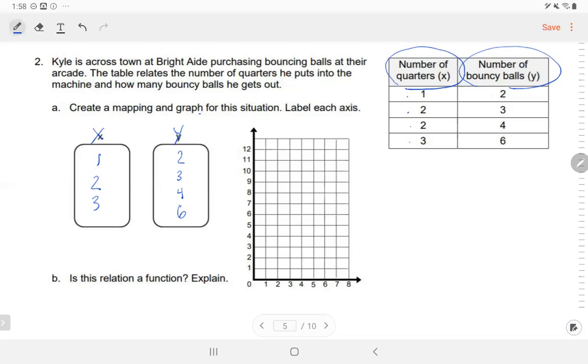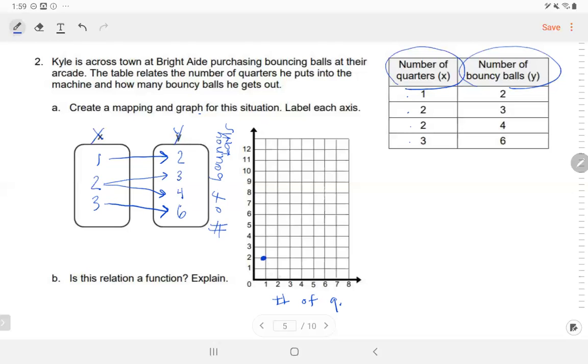So for 1, if I put 1 quarter in, I get 2 bouncy balls. If I put 2 quarters in, though, I might get 3 bouncy balls. I might get 4. If I put 3 quarters in, I get 6 bouncy balls. So again, this x will be number of quarters, and this y will be number of bouncy balls. So for 1, I go up to 2.